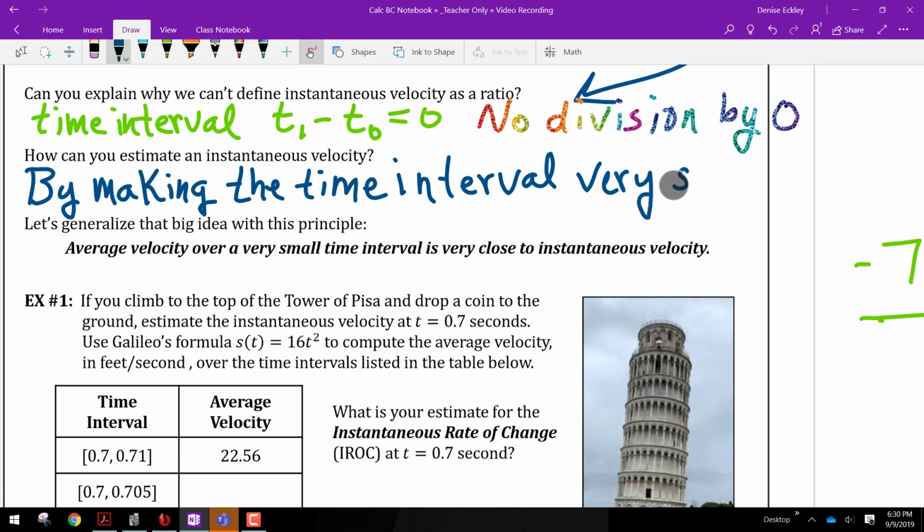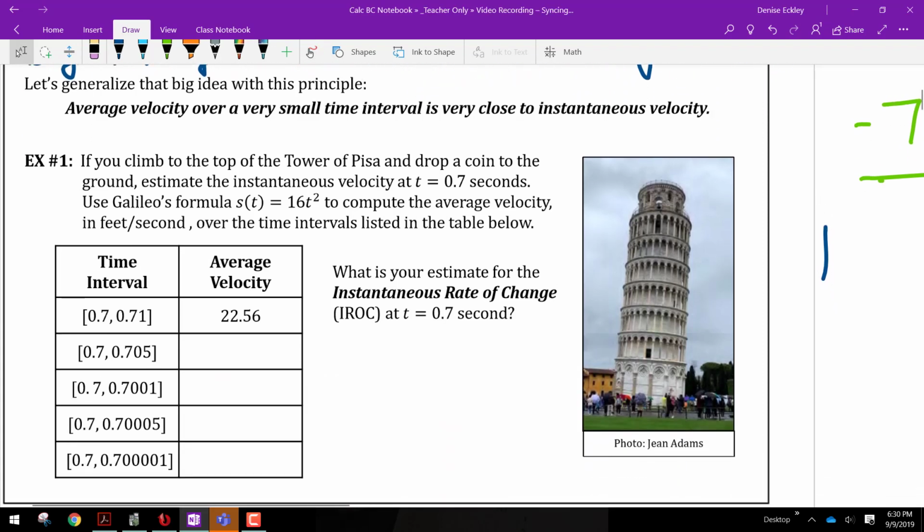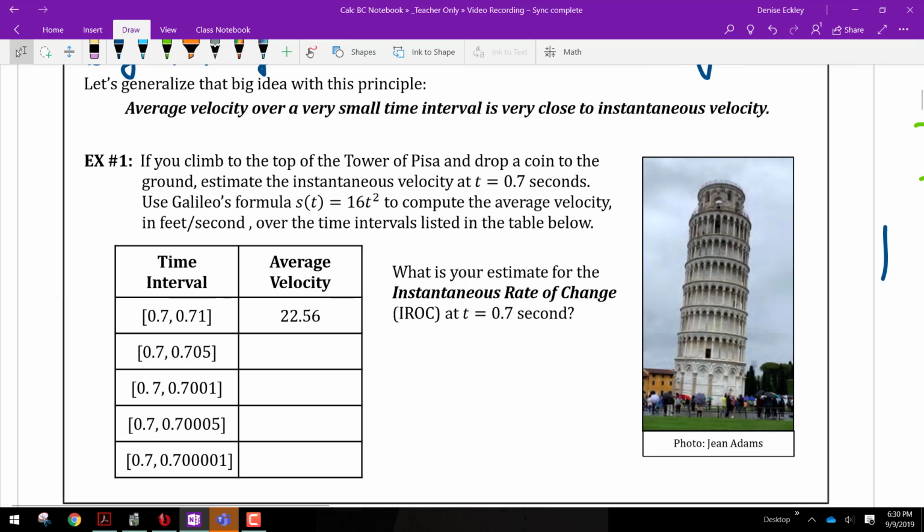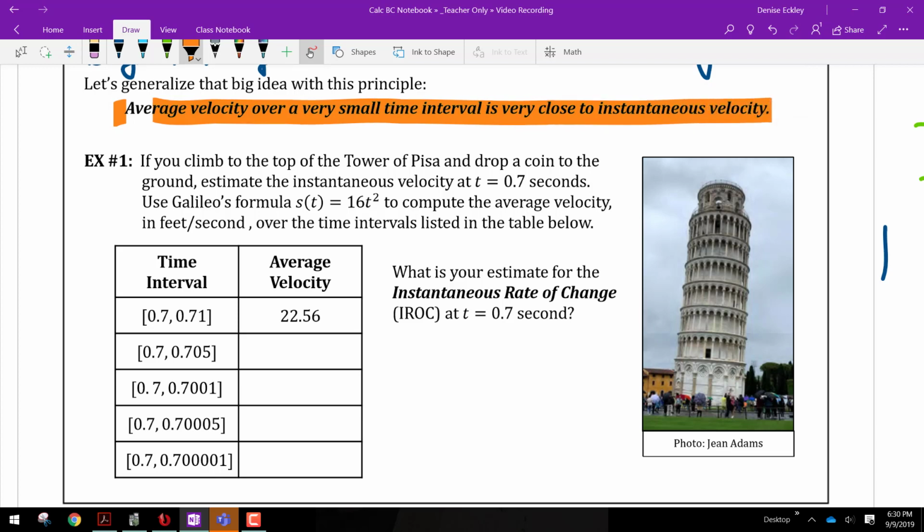Like in an instant, a split of a second, like a hundredth of a second, a thousandth of a second, something like that. That's what we try to do. Okay, so that's going to lead into our first example here. Let me just note here, as I said, the average velocity over a very small time interval is very, very close to the instantaneous velocity.